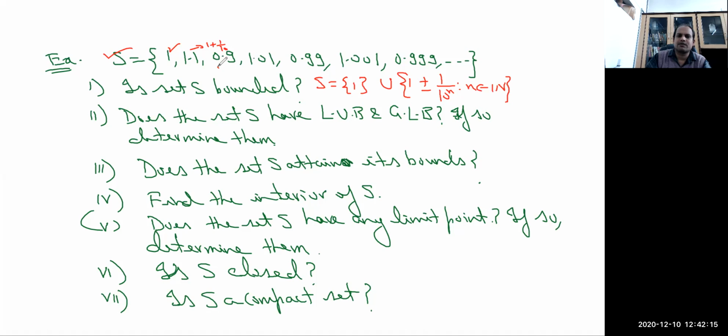Similarly, this can be written as 1 minus 1 by 10. So in general, we can write this set as 1 union 1 plus or minus 1 by 10 raised to the power n for n belonging to the set of natural numbers.